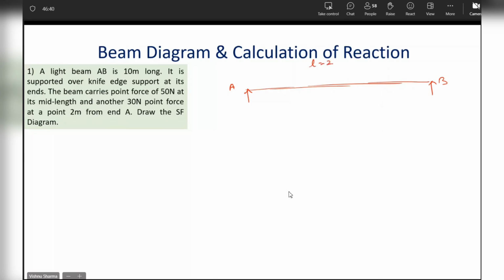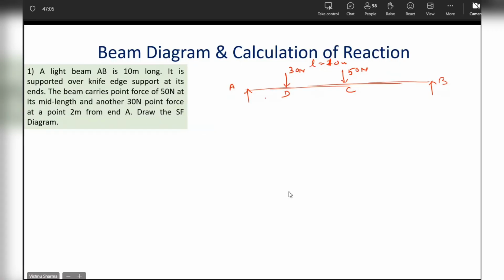Length of the beam is 10 meters. The beam is light, so we represent it by a single line. The beam carries a point force of 50 newtons at the mid length, so 50 newtons. I name this point as C. It says another point force at 2 meters distance from end A, 30 newtons. I can call this point as D.